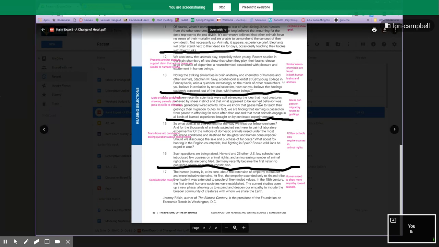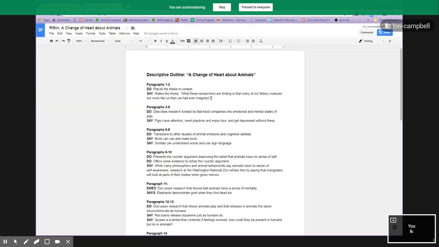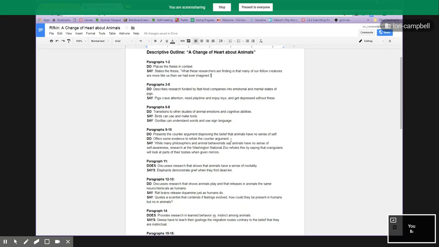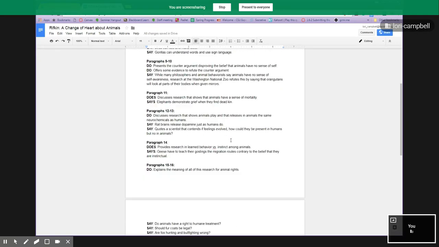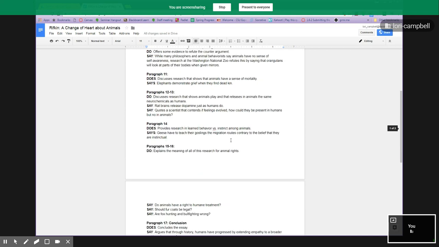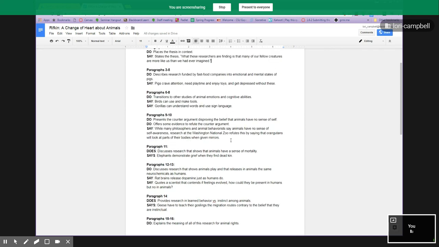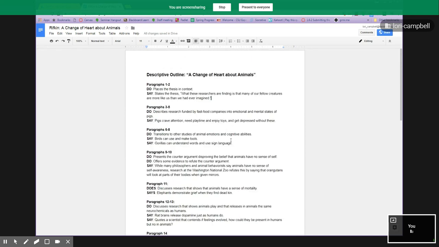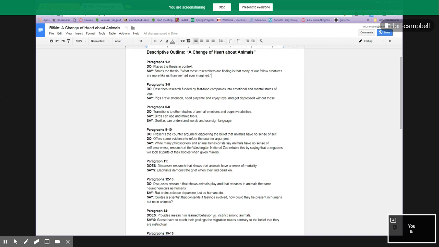So once I have done this, then it becomes a matter of just transitioning it into a written format. And there have been a lot of people who have taken that form I gave for the seniors, and you do one for each paragraph. In college, they may ask you to do that. I'm not asking you to do that for two reasons. Number one, it's going to take a really long time.